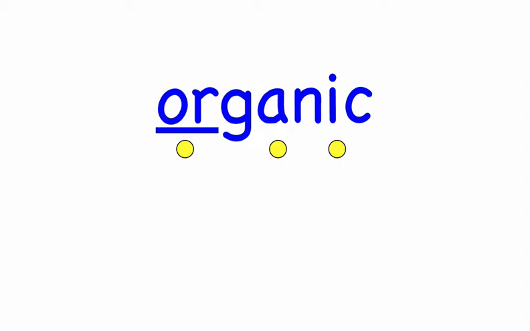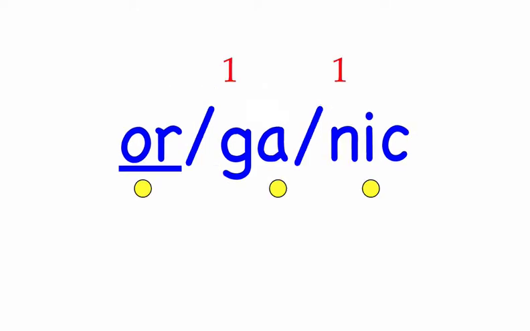Apply syllable division now, and then finally associate vowel group numbers with our vowel sounds. Organic. Notice the 2 under the A is underlined because the A here is representing its short sound, and with vowel group 2 it should normally represent the long sound, so it's an exception to vowel group 2.